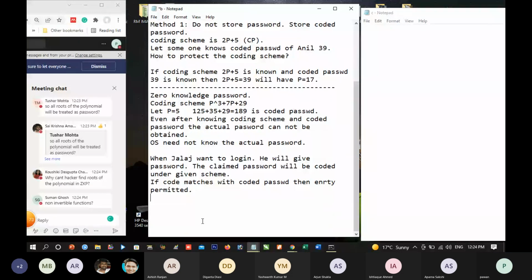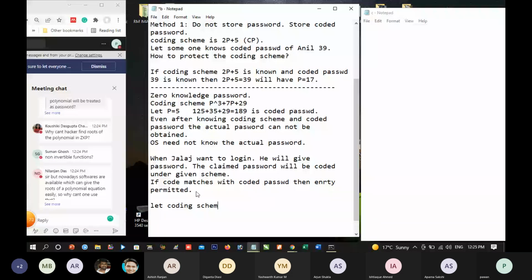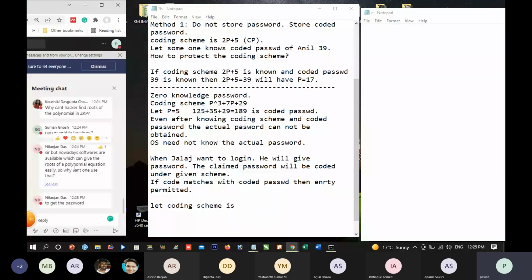Now, some small problem is there. You see, now much more complicated coding schemes are coming which cannot be reverted.